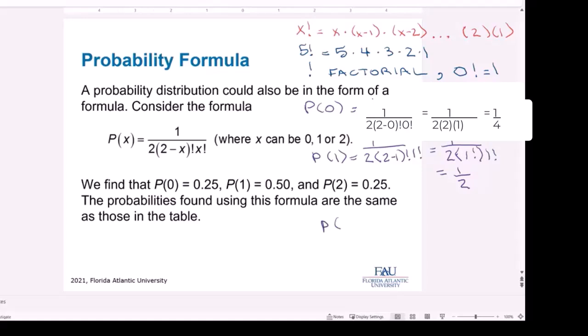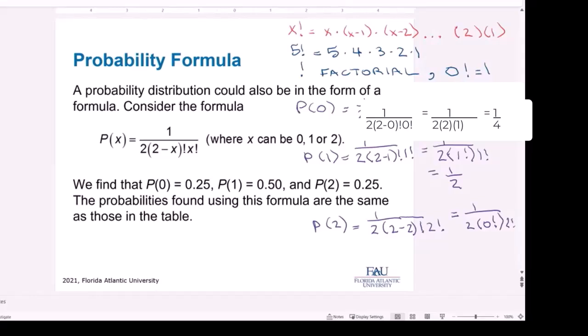And if I ask for the probability that we have 2 heads, we would have 1 over 2 times 2 minus 2 factorial times 2 factorial, which is equal to 1 over 2 times 0 factorial times 2 factorial. That's equal to 1 over 2 times 0 factorial is 1, and 2 factorial is 2 times 1, which is really the same as, this is 1/4.